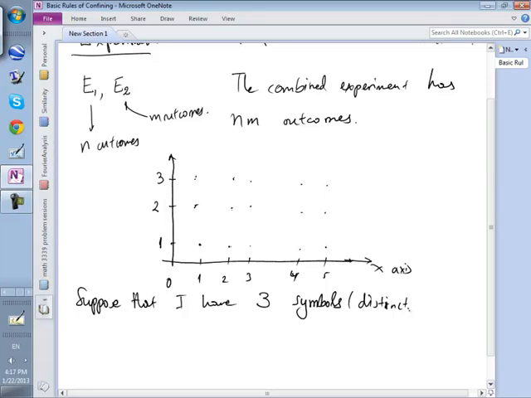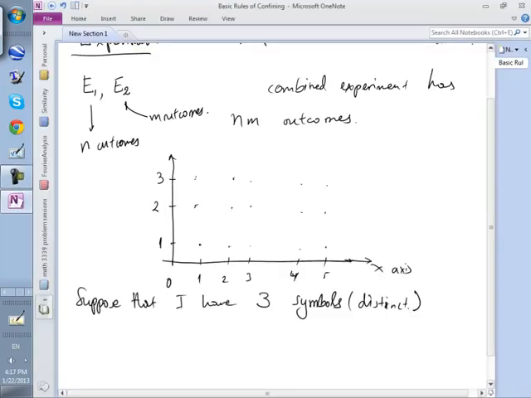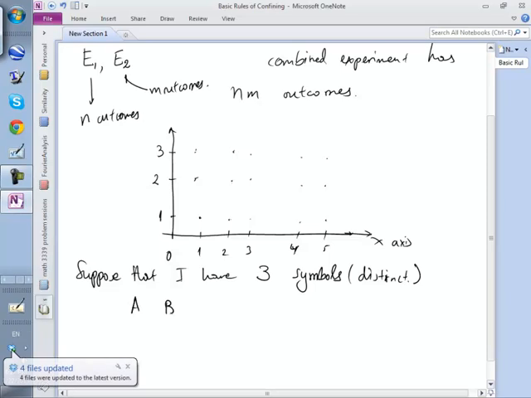I would call these 3 distinct symbols. They are different from each other. Like A, B, and C.